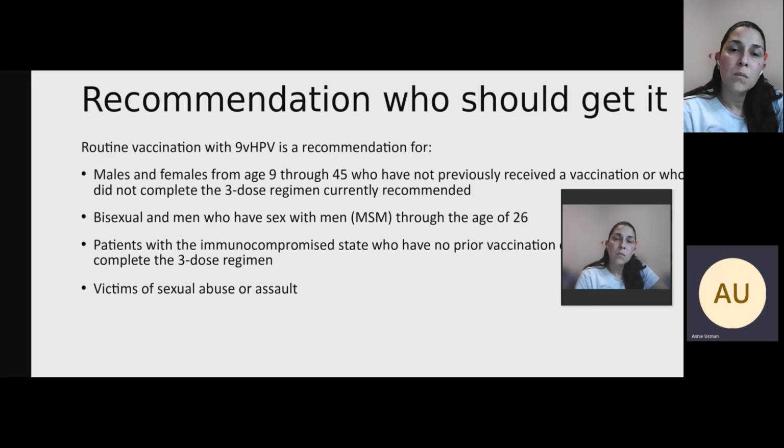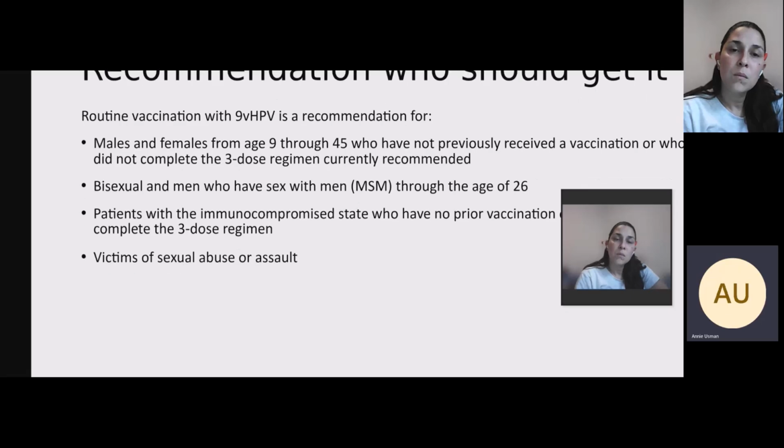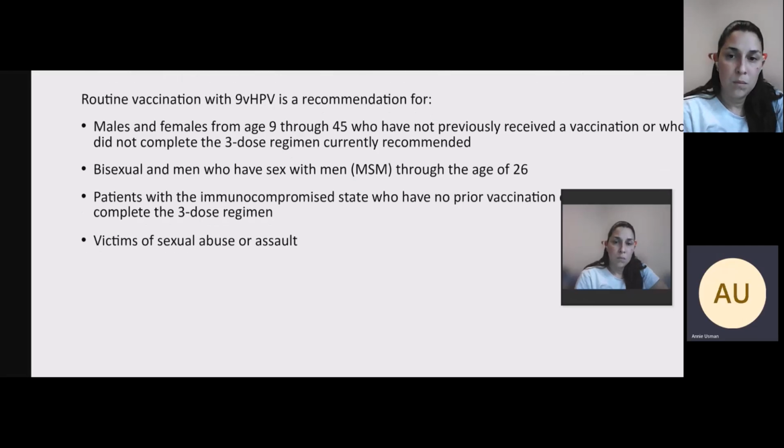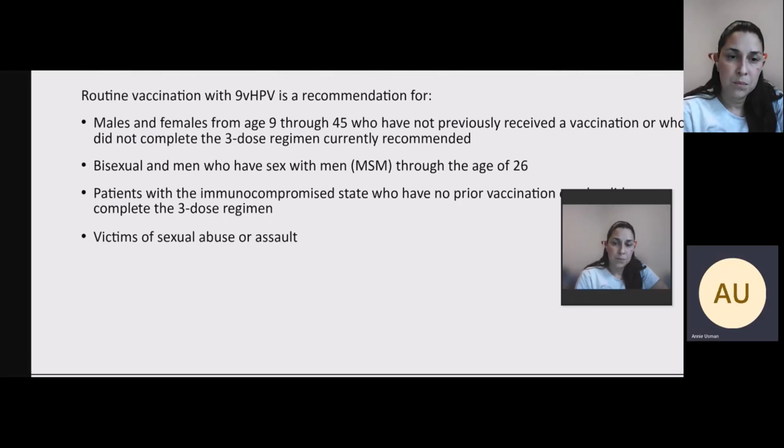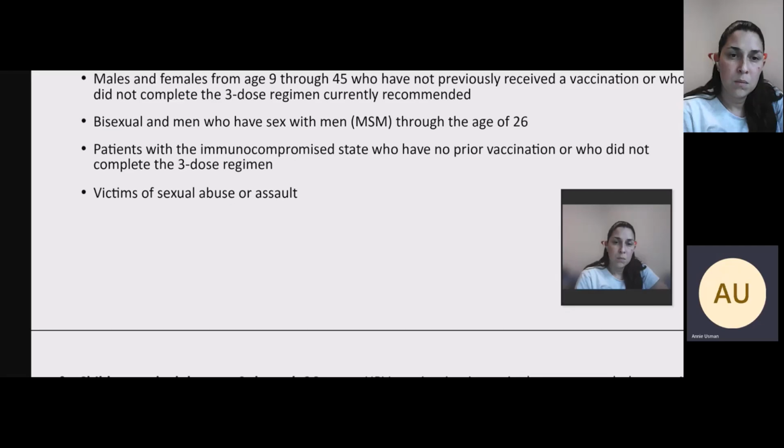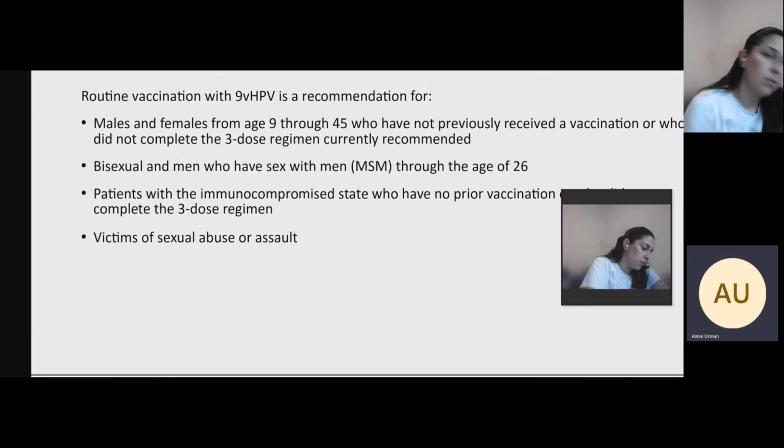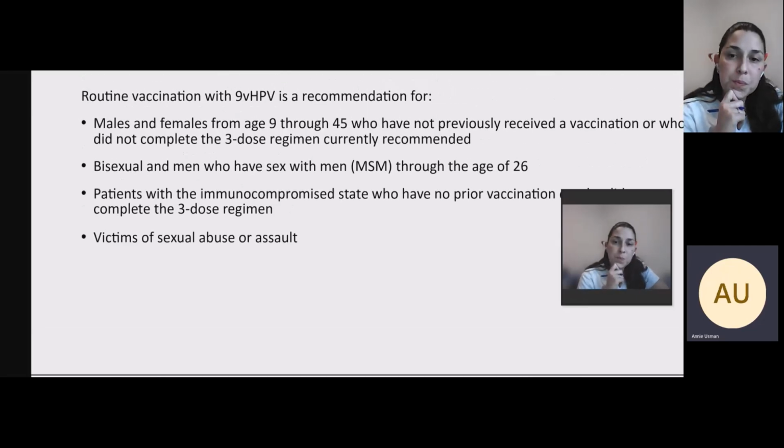It usually goes with a 3-dose regimen given at specific recommended intervals. It is also recommended for bisexual men and men who have intercourse with men from the age of 26, for patients who are immunocompromised and have not been able to have exposure vaccination, who also get the 3-dose regimen, and for victims of assault.